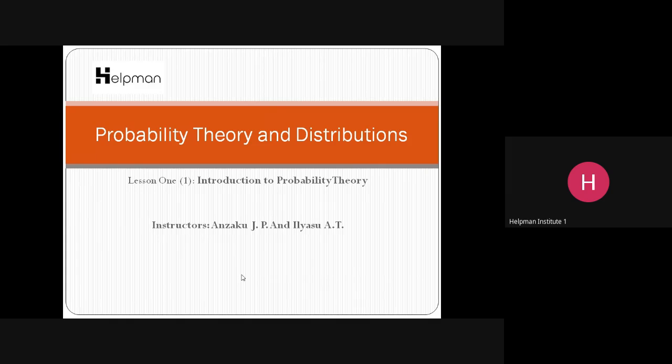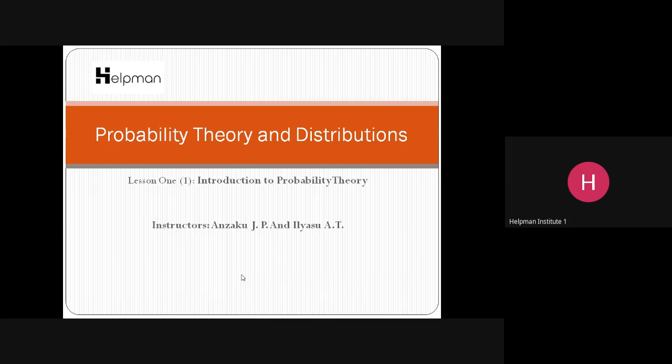We'll also be looking at the mathematics behind them. We will be looking at different probability distributions, ranging from the discrete probability to the continuous probability distributions. We will see how each of these probability distributions are applied.